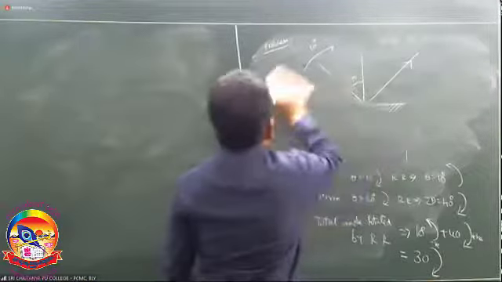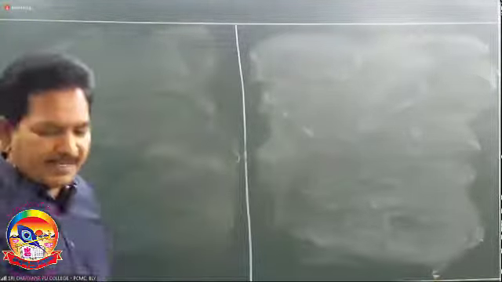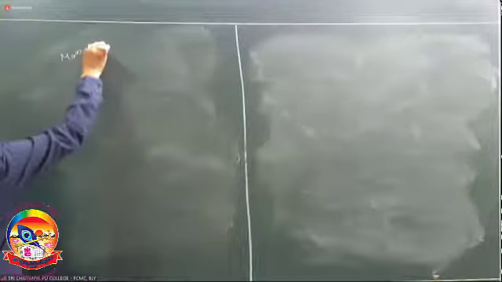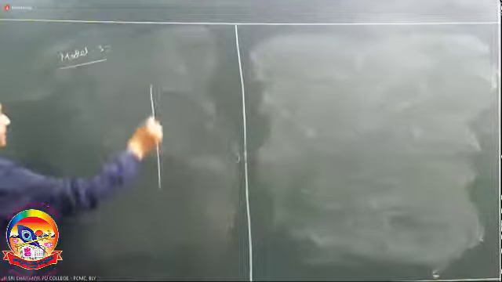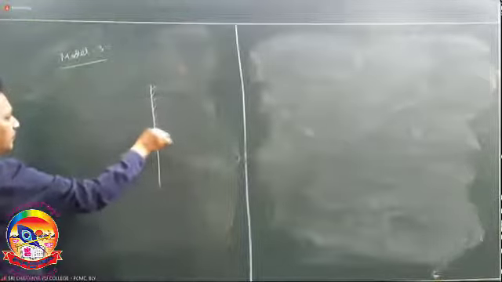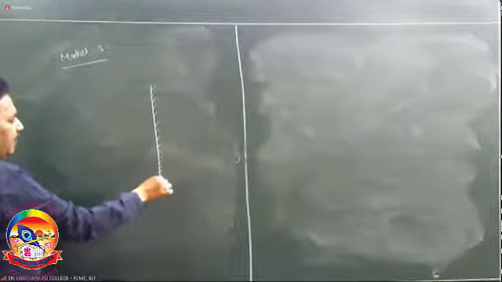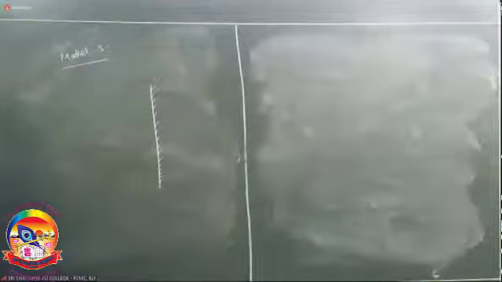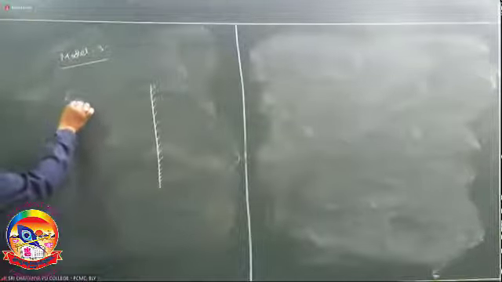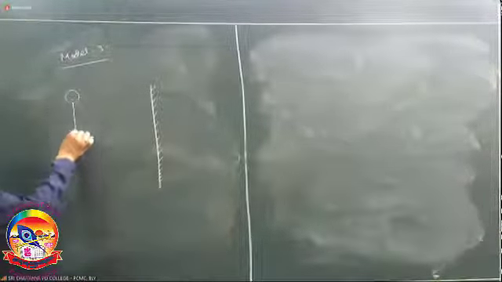What is that? The size of the image concept in plane mirrors, the size of the mirror concept. Model 3. There is a plane mirror. A person is standing in front of the mirror.